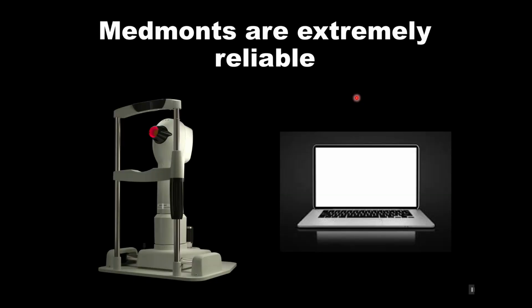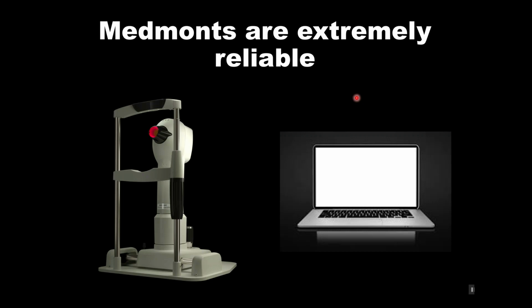Now, when you're considering topography, I gave you a few reasons to consider the Medmont, and one of the final thoughts is when you're considering any purchase of instrumentation, you want to know that it's accurate, you want to know that it's efficient, you want to know that it provides you with value, but you also want to know that it's going to last.